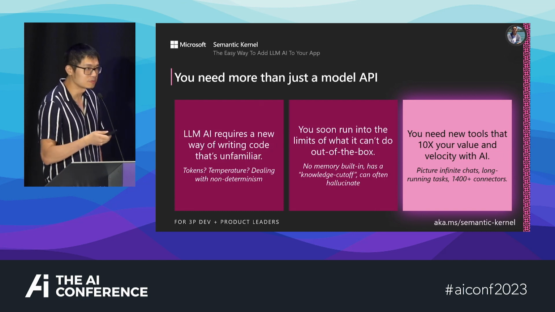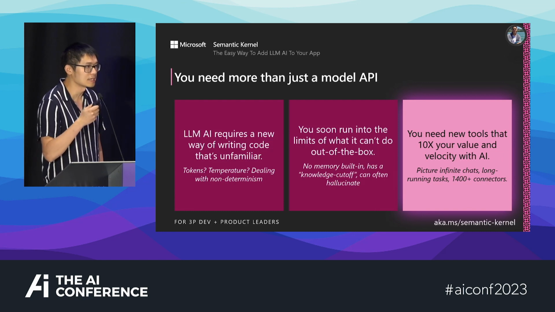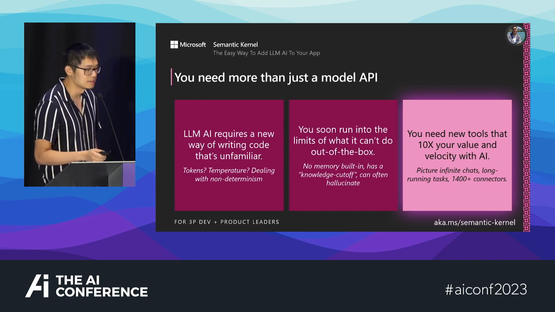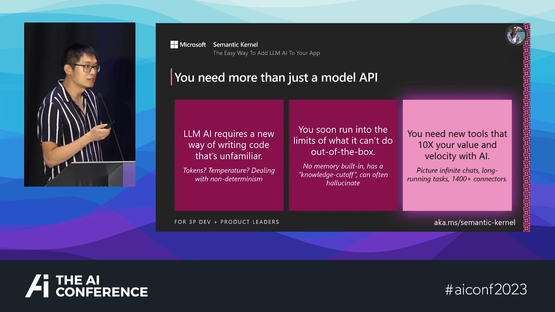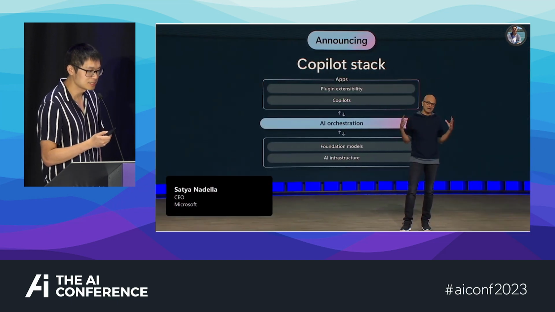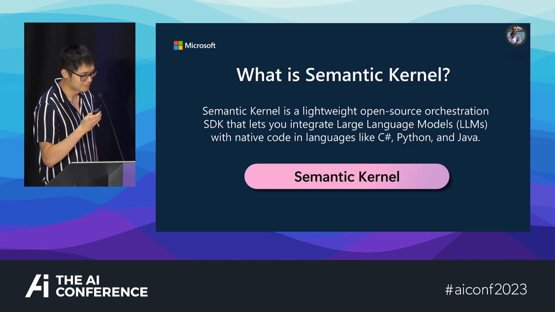Especially when you're starting to do long-running, multi-step tasks, things that require multiple decisions or actions being taken, then you need to do more advanced orchestration for that to happen.